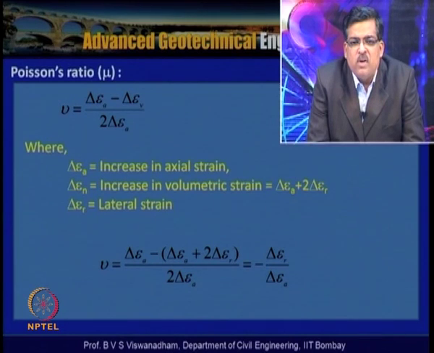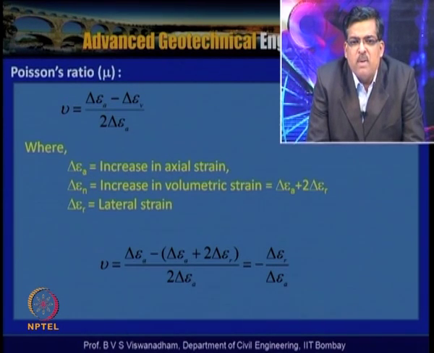When you substitute this, we get mu is equal to [delta epsilon a minus (delta epsilon a plus 2 delta epsilon r)] divided by 2 delta epsilon a, which is nothing but minus delta epsilon r divided by delta epsilon a.